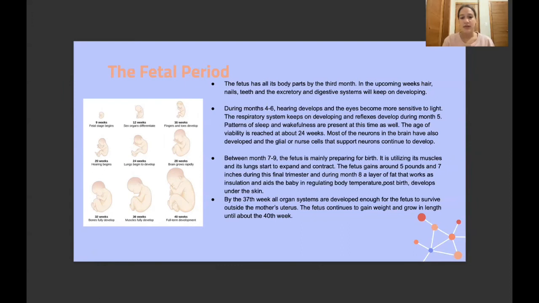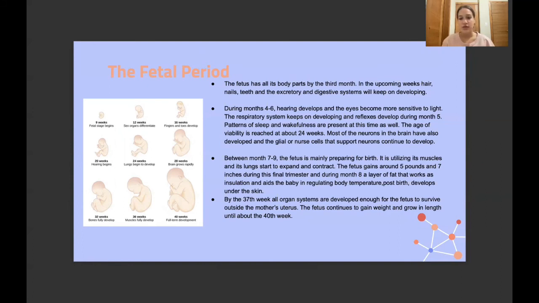The age of viability is reached at about 24 weeks. Most of the neurons in the brain have also developed, and the glial or nerve cells that support neurons continue to develop. At this point in time, the fetus can feel pain. Between month 7 through 9, the fetus is mainly preparing for birth. It is utilizing its muscles and its lungs to start to expand and contract.